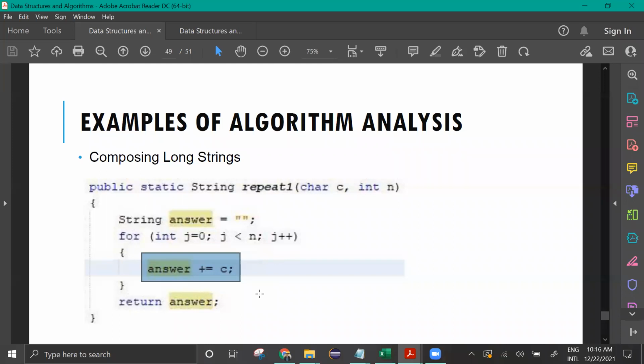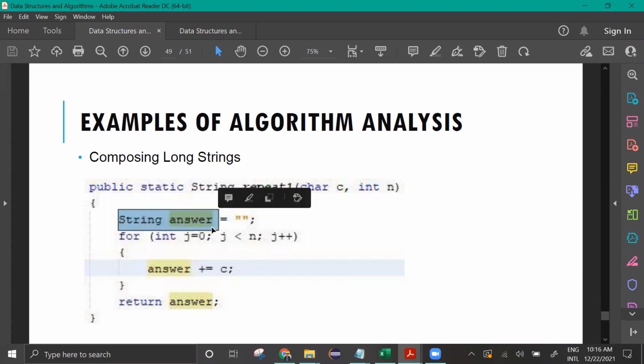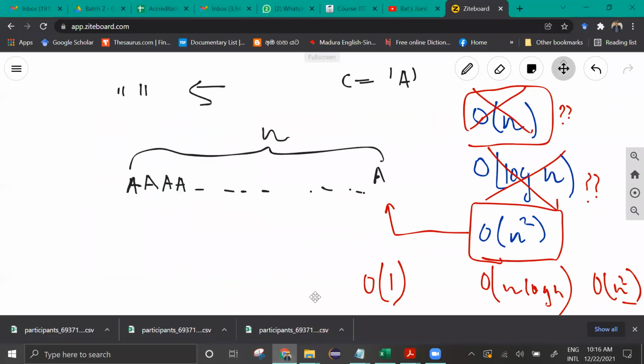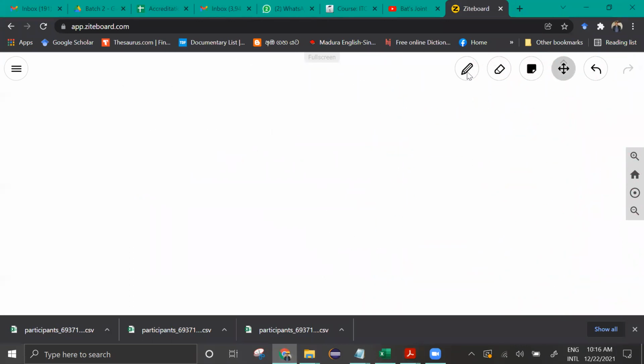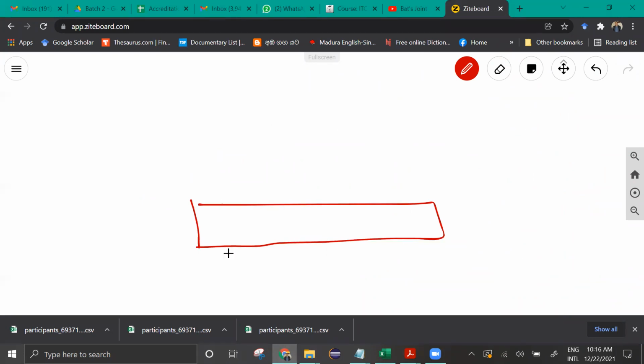Why is that? Because this is a string. So that's the point. A string is an array. An array is immutable. We cannot change an array. So if we create an array, we cannot change the size.